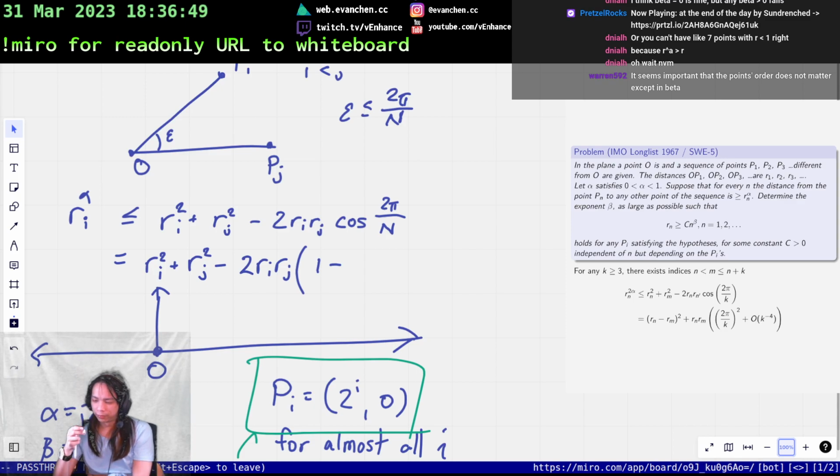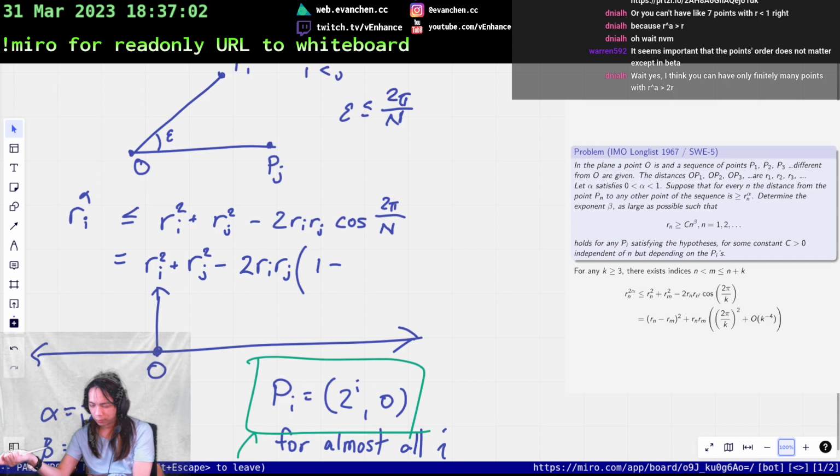Because it means that if I take this 2 to the I sequence, that obviously works as a straw man.